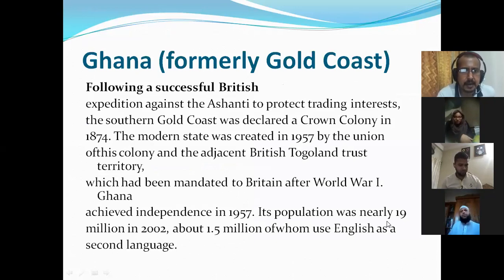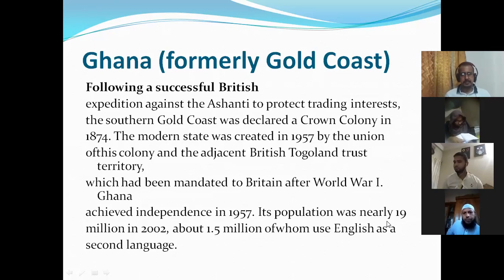Ghana: following a successful British expedition against the Ashanti to protect trading interest, the southern Gold Coast was declared a crown colony in 1847.